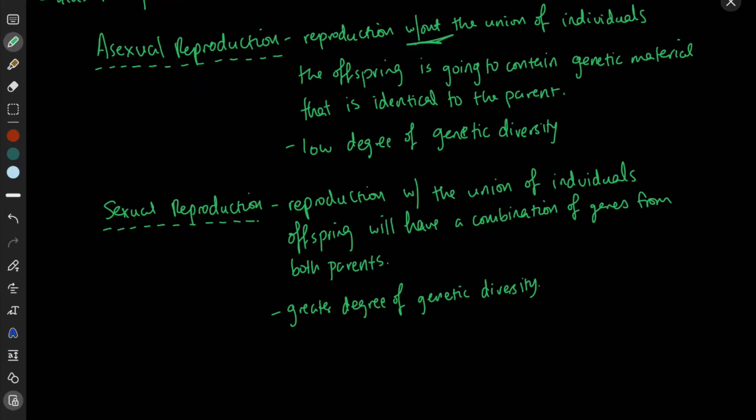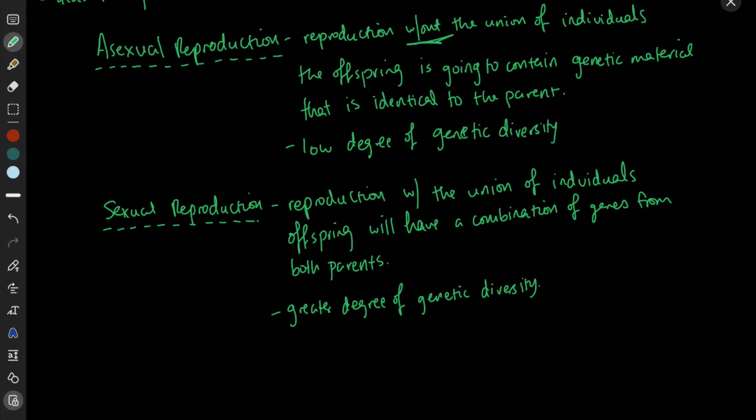Even though the parents are the same, you contain slightly different genes or slightly different characteristics than your siblings, right? And the reason for that is because there's a combination of genes from your parents, so the offspring is not identical like it would be with asexual reproduction.